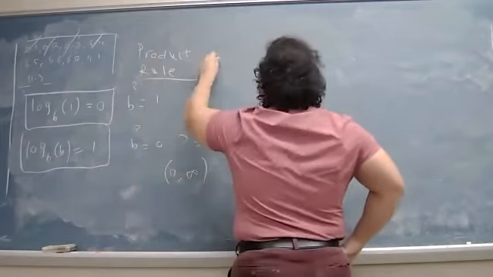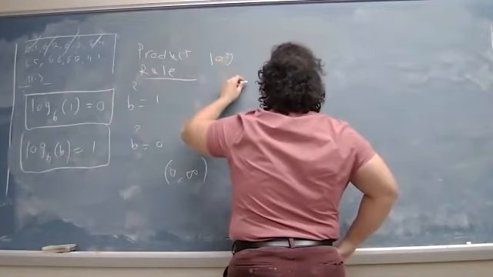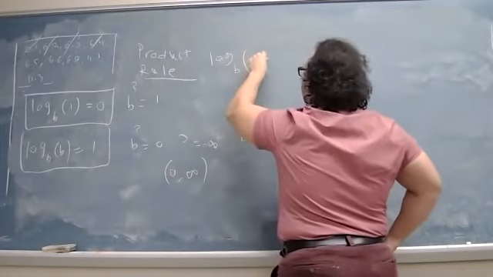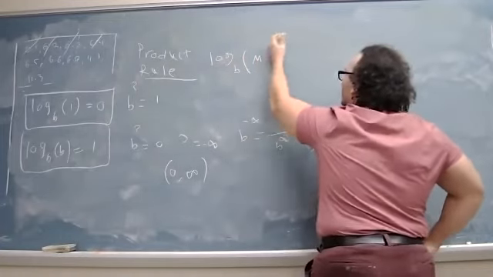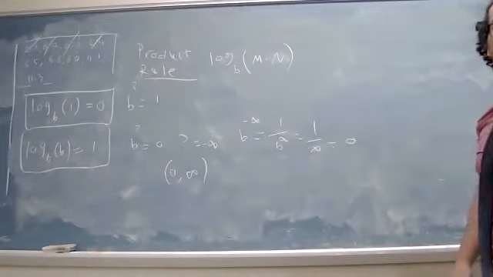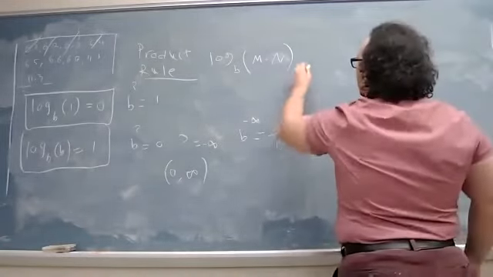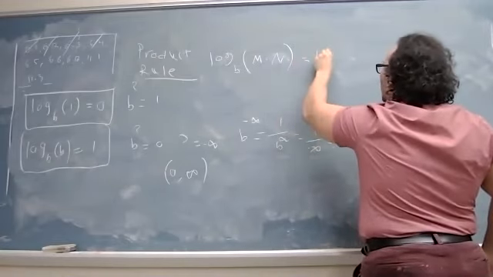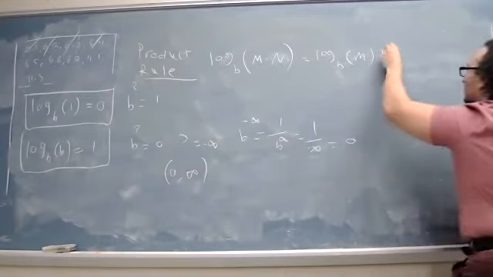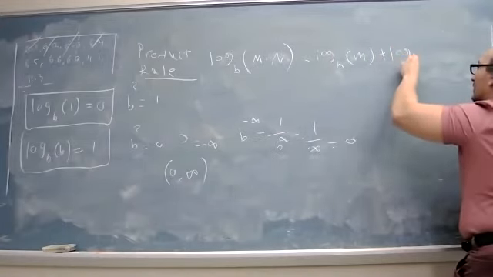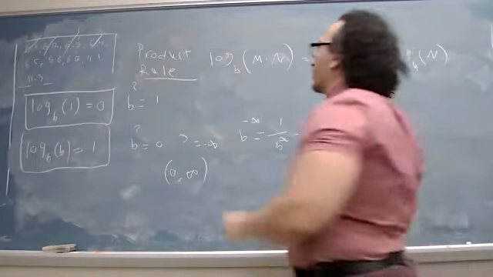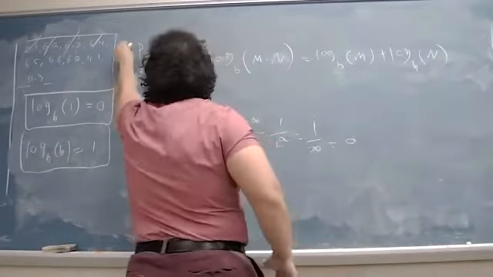This says that the log base b of some m times n is equal to log base b of m plus log base b of n. This is a very important rule. It's called the product rule.